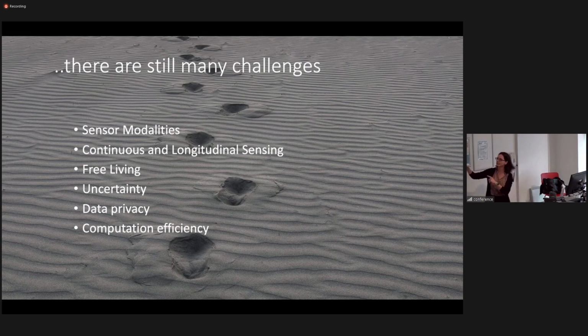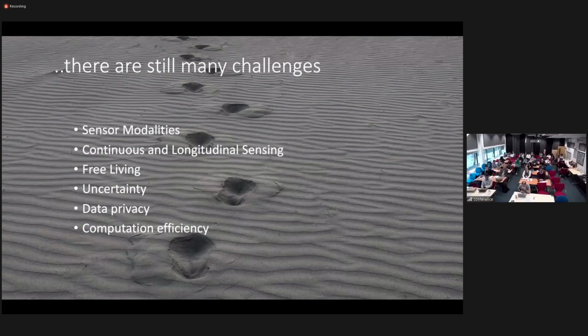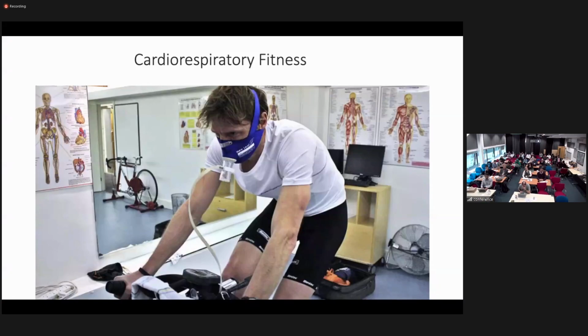This is related to data privacy because if you're able to do things efficiently on device, then you're able to keep the data closer to the user. So I know I talked a lot about one slide, and now I will go through a set of examples of research that we've done.